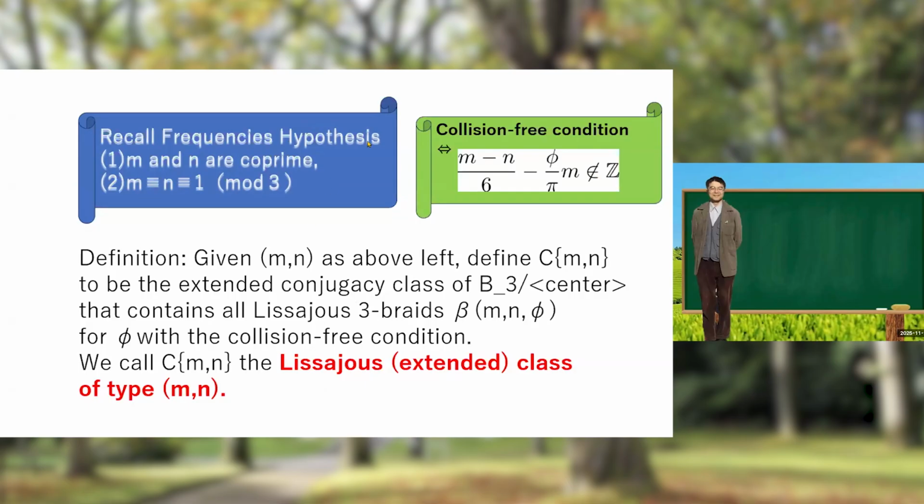We have a frequency hypothesis like this, and also the collision-free condition, but we can eliminate the effect of the phase difference parameter by looking at the union of a conjugacy class and its mirror, at most two conjugacy classes.